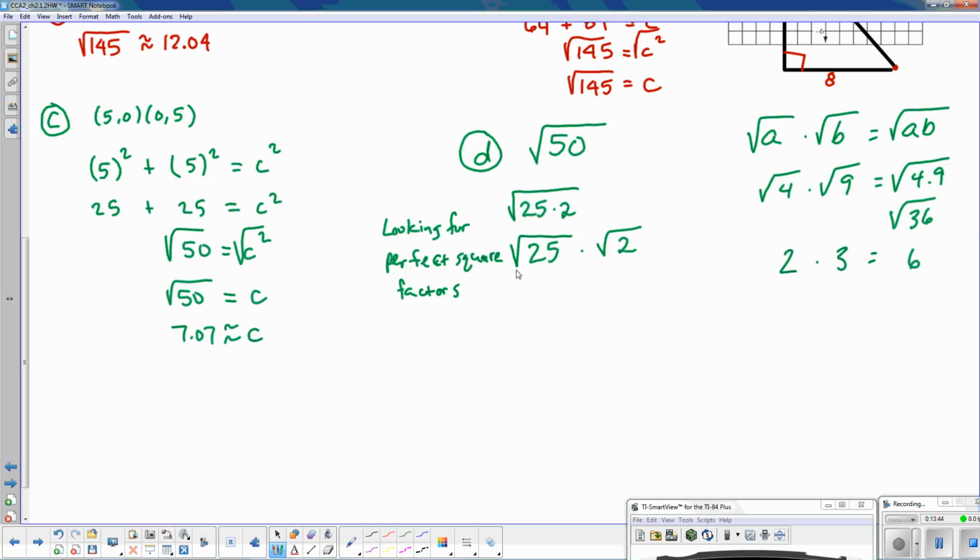And when you do that, the square root of 25 we can simplify more. We get 5 times the square root of 2, which in the end is going to be 5 radical 2, or 5 square root of 2. Right now, there are no more perfect square factors inside of 2 besides 1, so we know we're simplified.